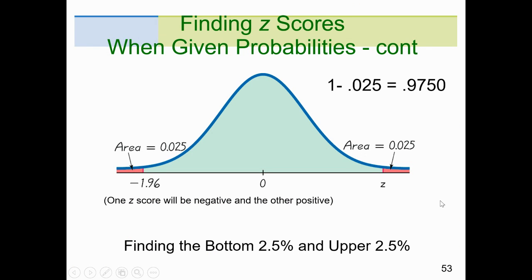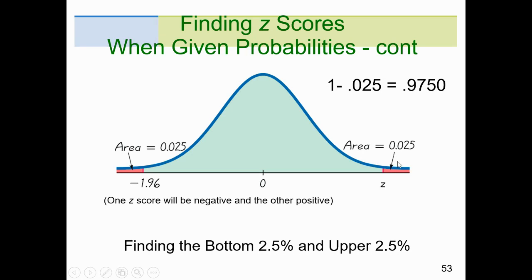All right. Here's a case where we're looking for these two z-scores. The area from here to the left is 0.025. If I went to the body of my table and looked up the closest value I could find to 0.025, I would have gotten negative 1.96. Now, what's interesting about this bell curve is that it's symmetric.